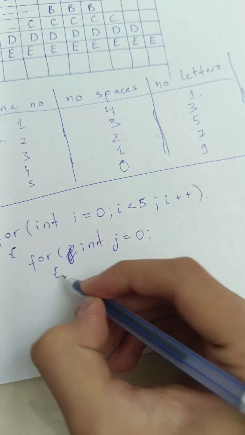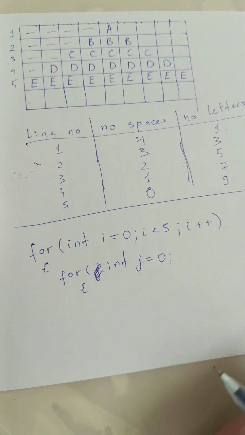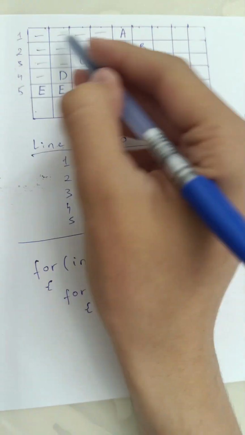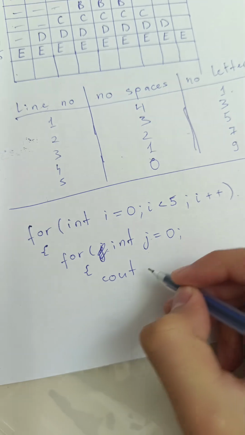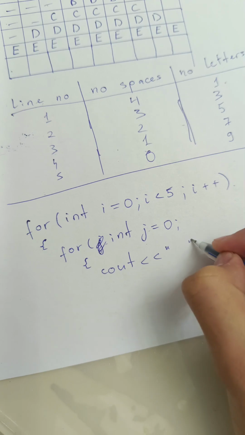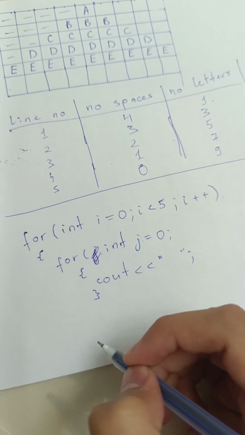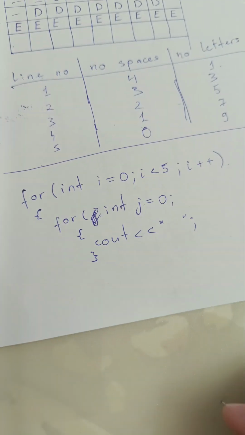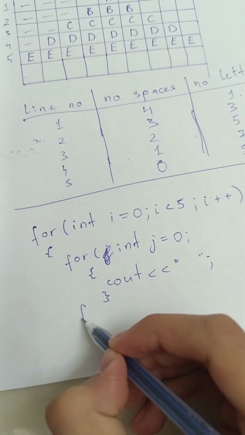For this one we need output of spaces, so we're going to write cout, and I'm going to leave a space here. So we close this loop, and we need one more loop for letters.